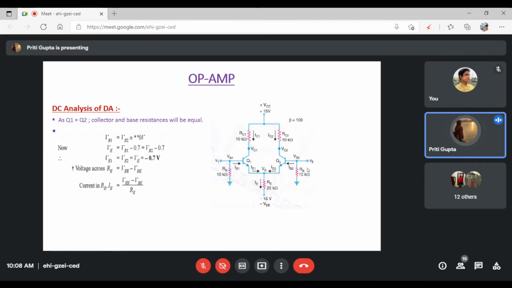First write down these values, then I'll tell you what to find. Actually, you have to find VC1, VC2, IB1, IB2, IC1, IC2, IE1, IE2. These things you have to find.